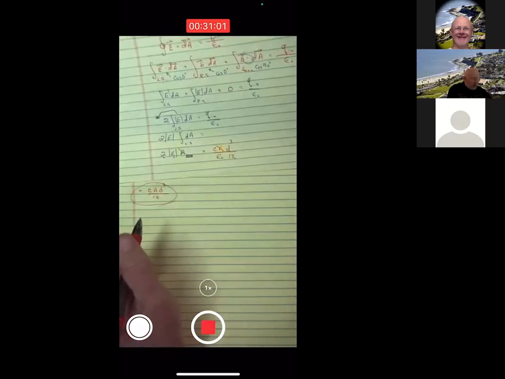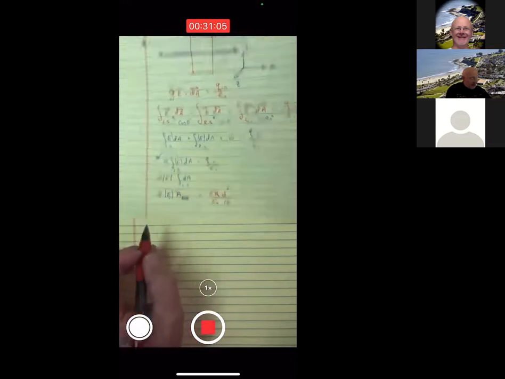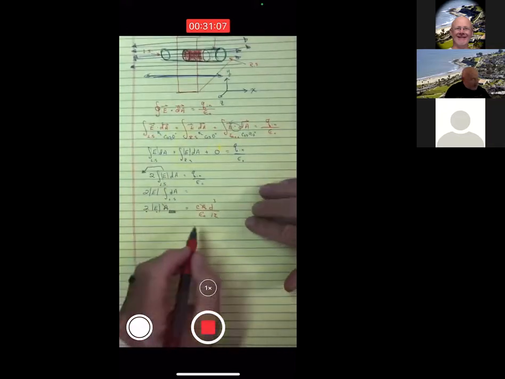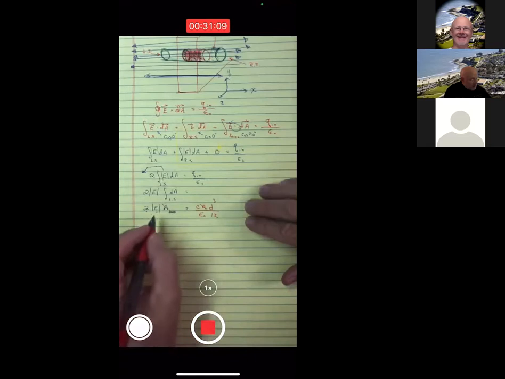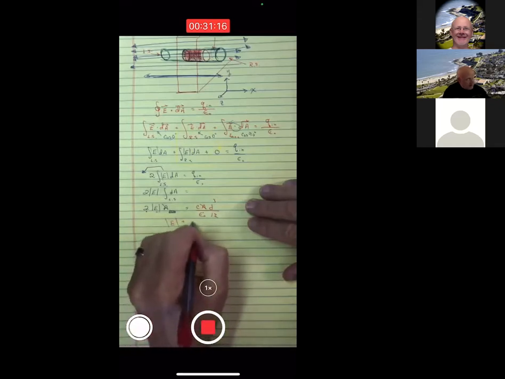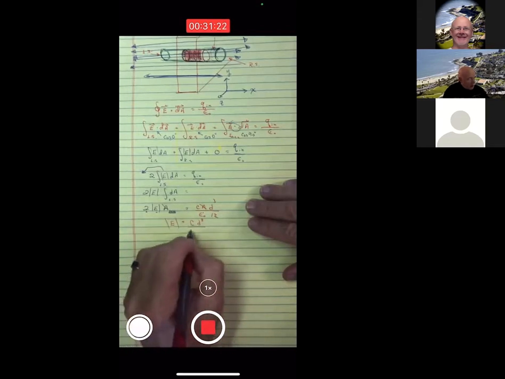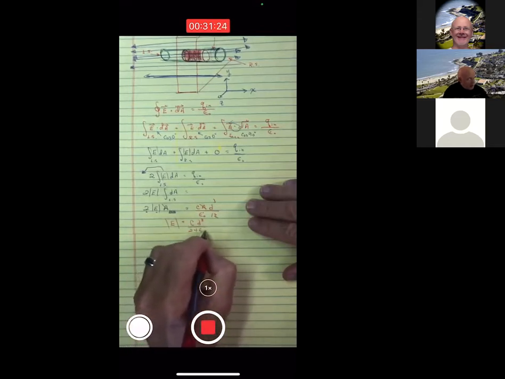Okay, so to finish this finally, I can bring the 2 over to here and get the magnitude of the electric field is then whatever this constant is, and the width of the slab cubed, and then a 24, and then an epsilon.